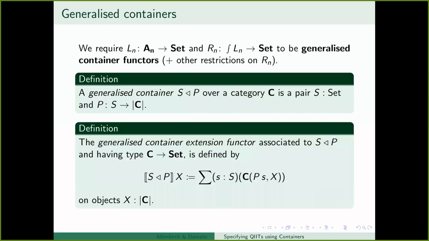And I've written down the definition of a generalized container and a generalized container functor. This is because in the current literature, containers aren't general enough to cover functors of these types. And so we need a new definition. And this was proposed in an abstract by Altenkirch and Kaposi. And so this is the definition I state here. But basically the idea is that it will give us something similar to what containers do for ordinary inductive types.